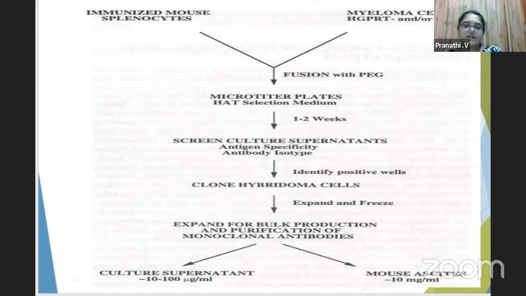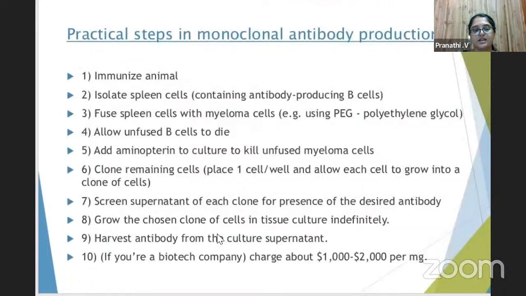So earlier you have done that particular process. Then you're going to take that and see cloning of the hybridoma cells, then removal, and then the supernatant is taken or mouse ascites is taken. So, immunized animals, spleen cells, then fusing spleen cells with myeloma cells using polyethylene glycol, which is a fusing agent, and then add aminopterin.